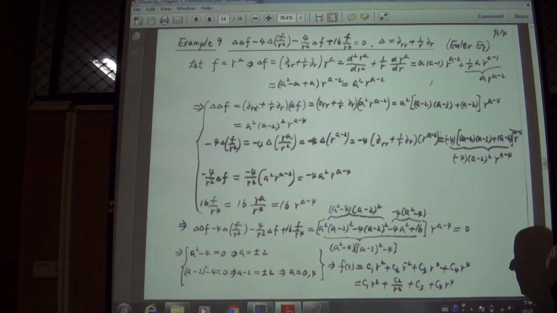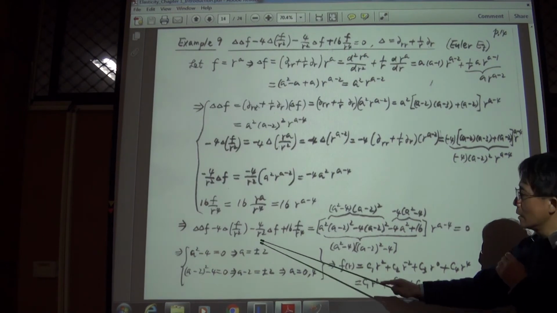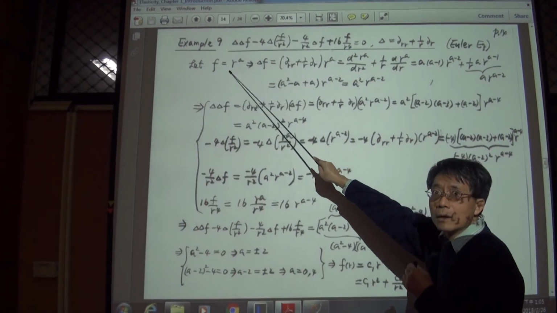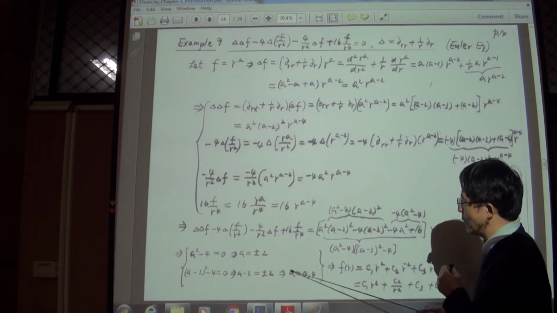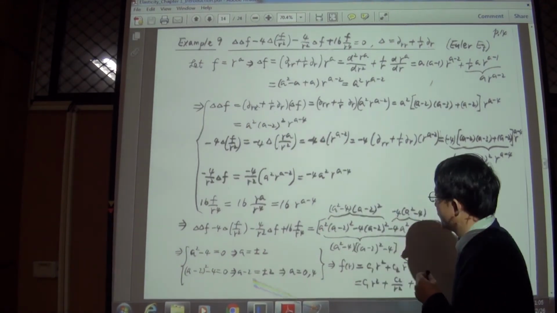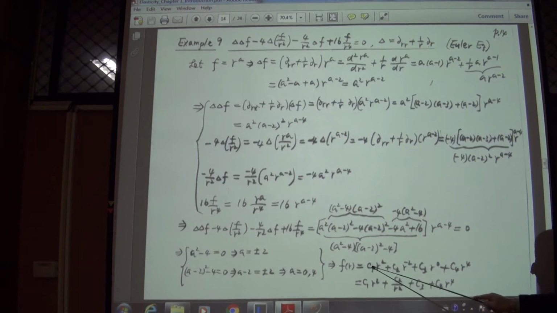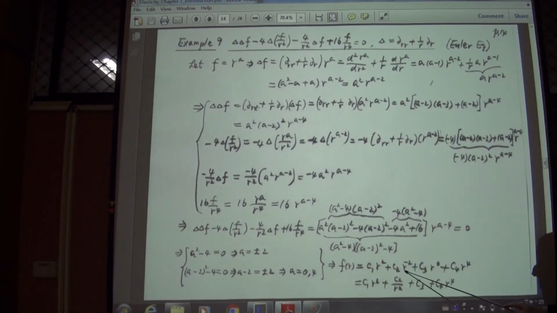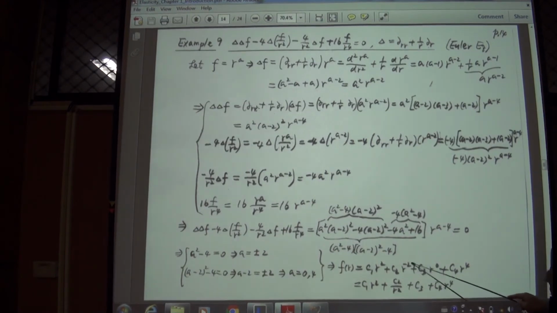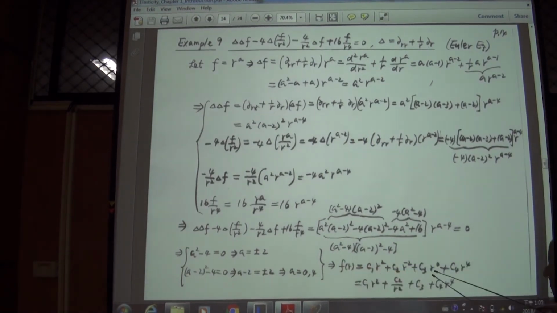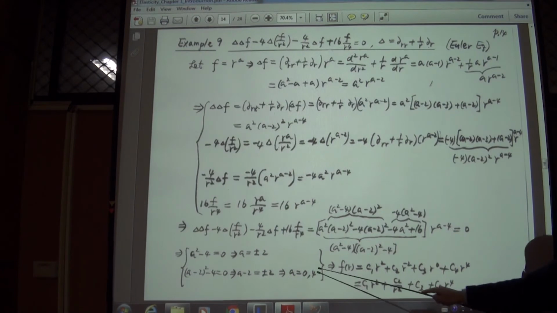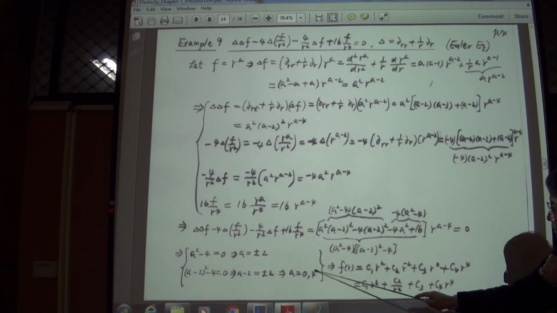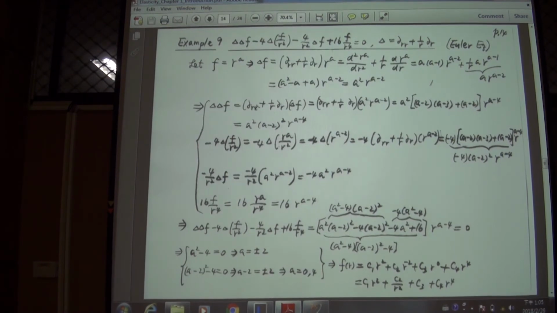So finally, we put these four a values back to here. Like this: c1 r squared due to plus 2, c2 r to the minus 2 due to minus 2, c3 r^0 due to a equals 0, c4 r^4 due to a equals 4.